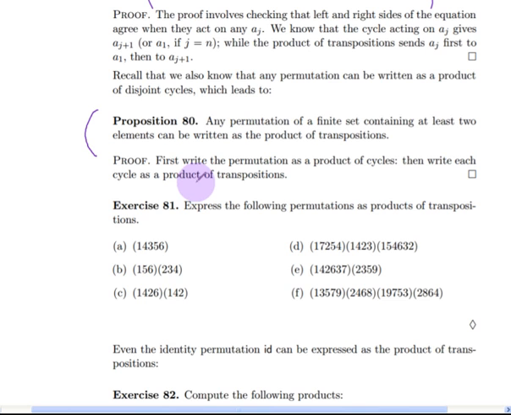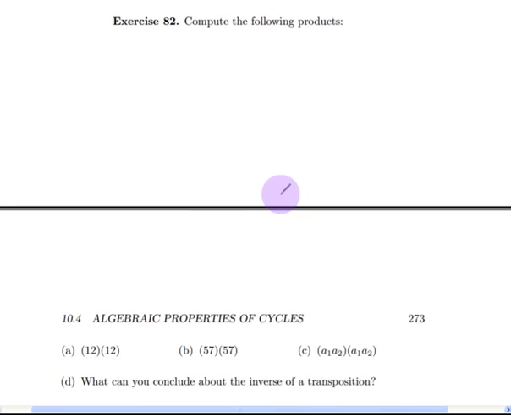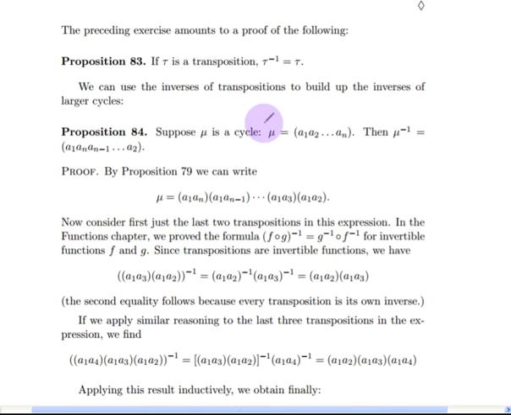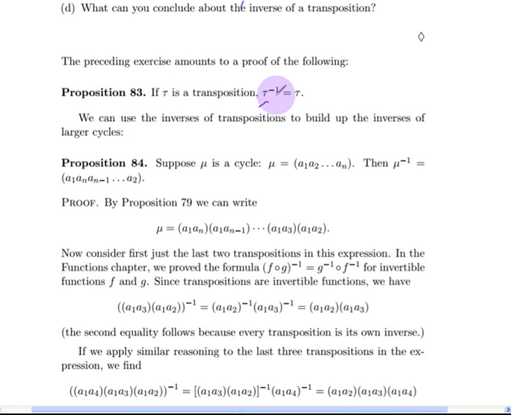Okay, and the way you find out how to write this permutation as a product of transpositions is you take it cycle by cycle. And each cycle can be written independently as a product of transpositions. Now we can use this transposition representation to find the inverse of a permutation. The inverse of a transposition is the transposition itself.